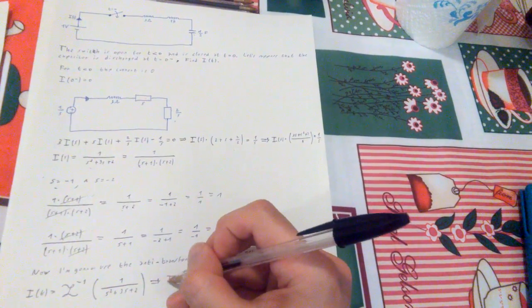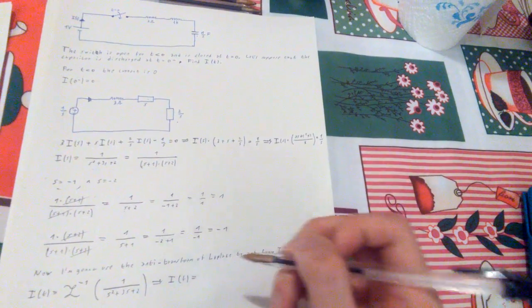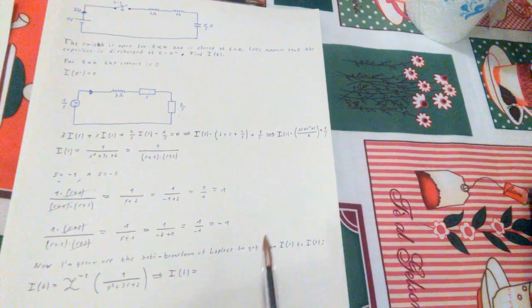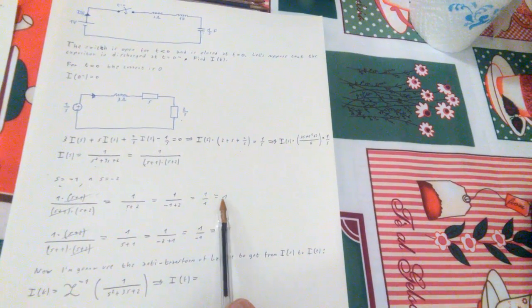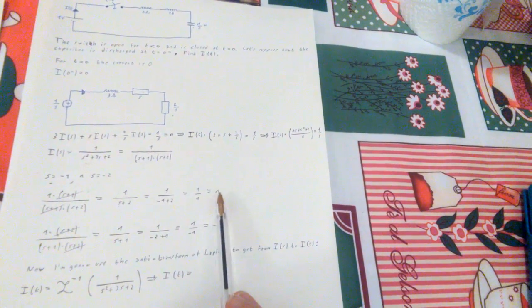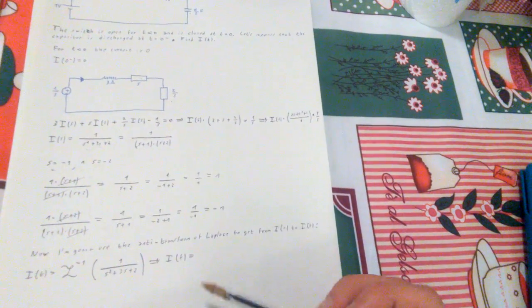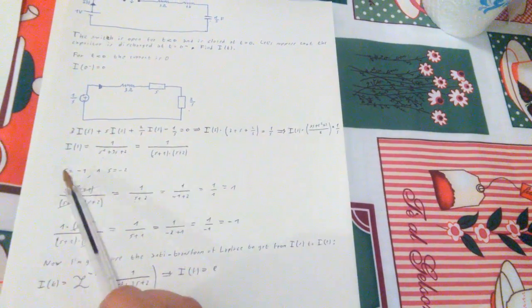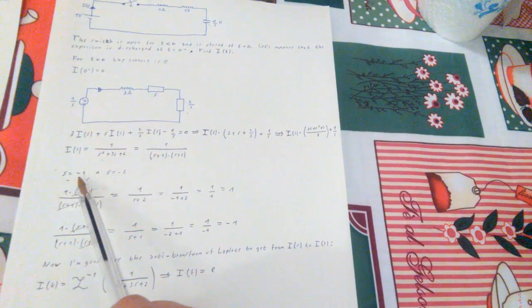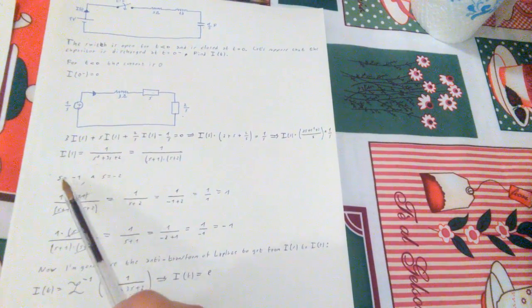So I of t is equal to 1 times e raised to the power of -1 times t, so -t.